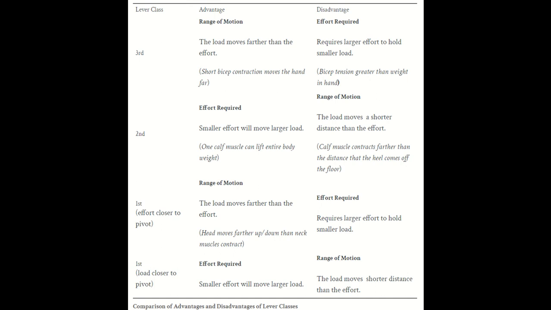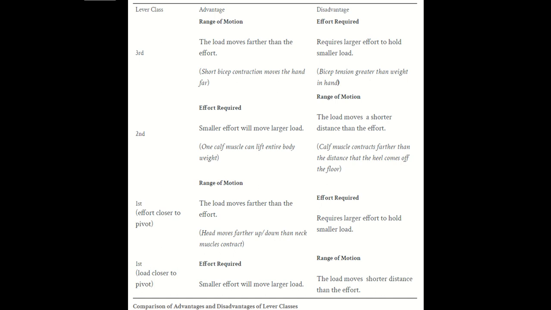The disadvantage being the range of motion, the load moves a shorter distance than the effort, such as a calf muscle contracting farther than the distance the heel would actually come off the ground.